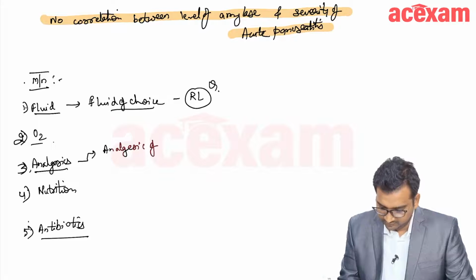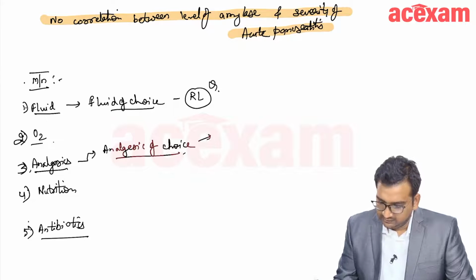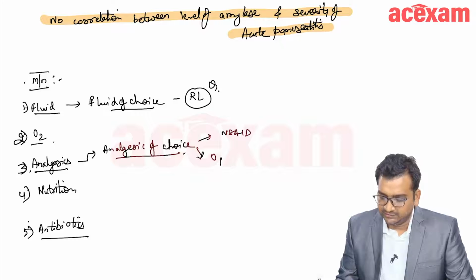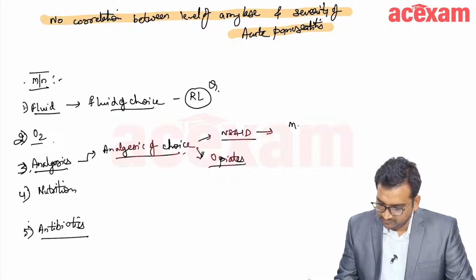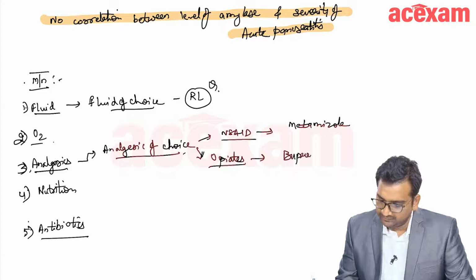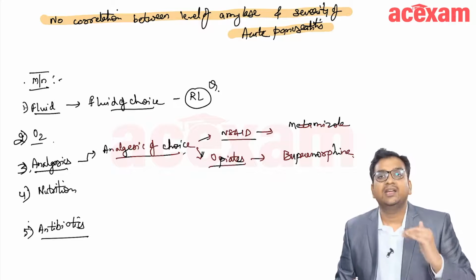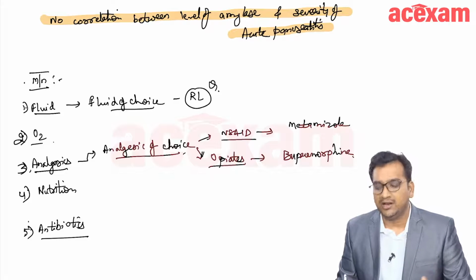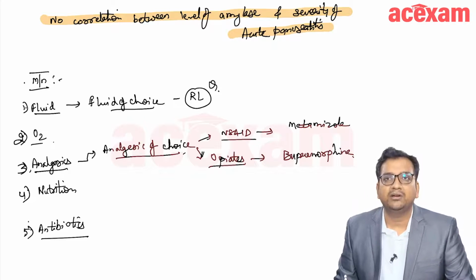Among NSAIDs and opiates: in NSAIDs, it is metamizole, and in opiates, it is buprenorphine. Okay, in NSAIDs, it is metamizole, and in opiates, it is buprenorphine.